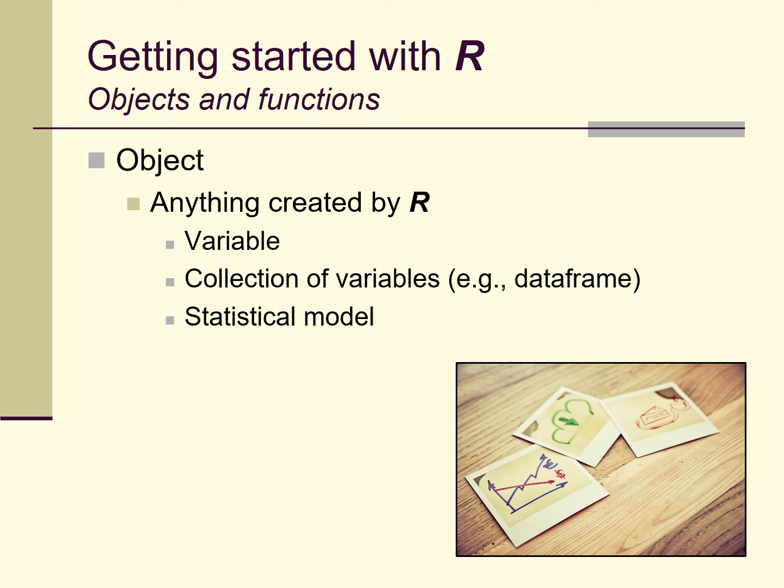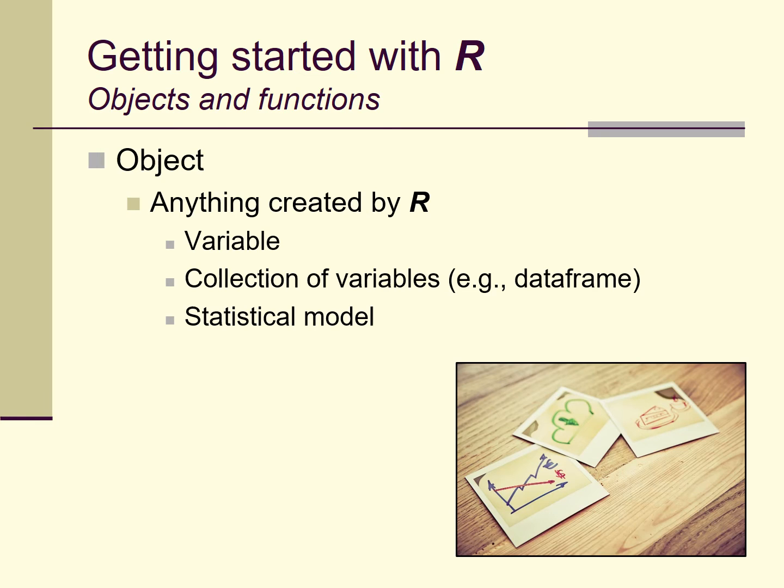In programming, generally, and especially in R, an object is just anything that the language creates. So in this case, an object is anything that's created by R. It could be a variable that you've created, like a variable which refers to a score that participants in your study have on a measure of neuroticism or alcohol consumption or whatever.